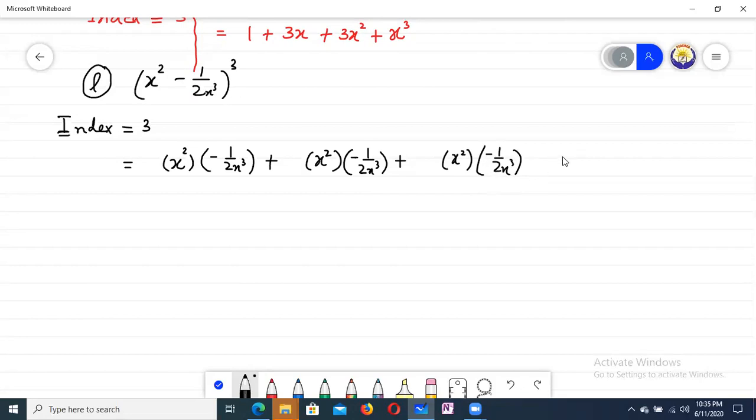This is the third term. Then plus again x square into minus 1 divided by 2x cube.